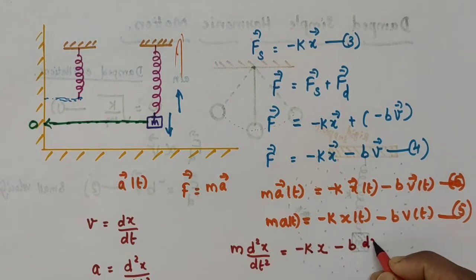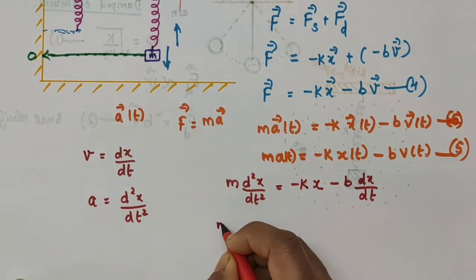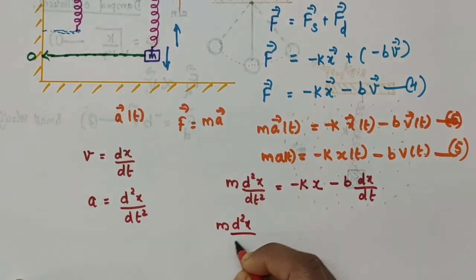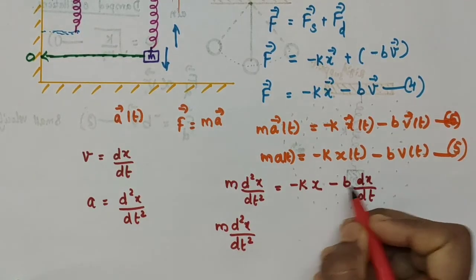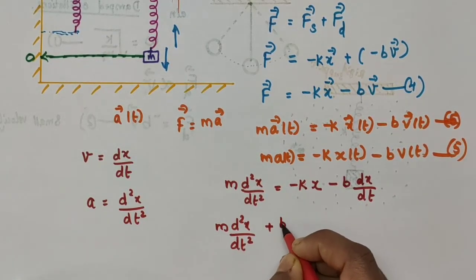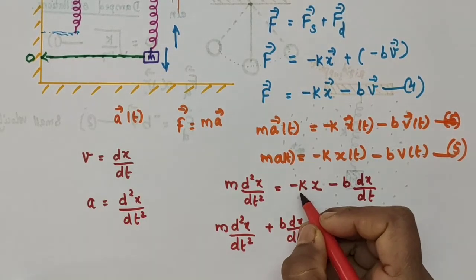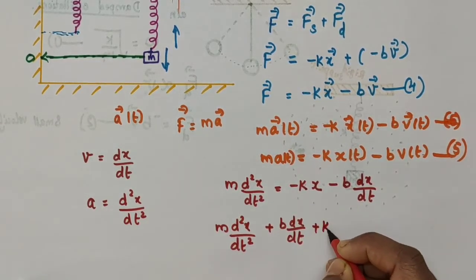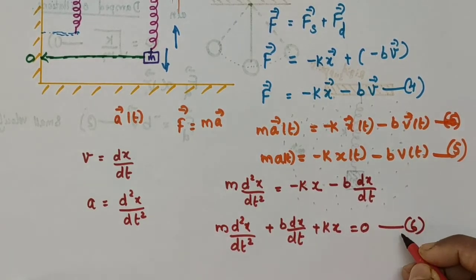Velocity is what? dx divided by dt. So, we can write it as m into d square x divided by dt square. When I am taking this minus b into dx by dt to this side, this becomes plus b into dx divided by dt. When I am taking this minus kx to this side, that becomes plus kx. This is equal to 0 and I am taking this as equation number 6.